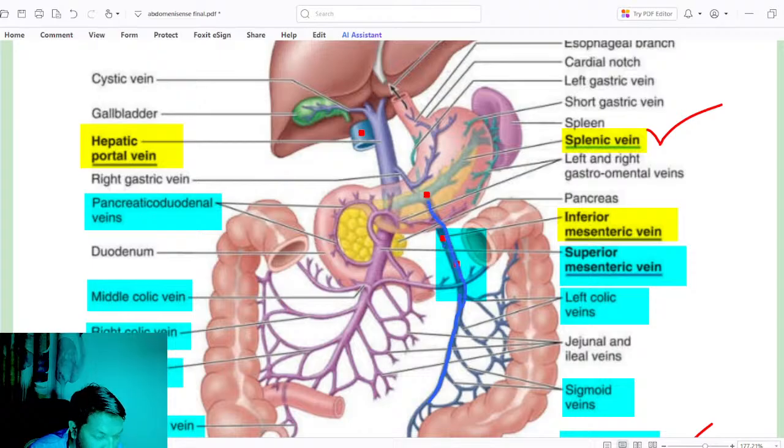The inferior mesenteric vein is draining into the splenic vein. Even after joining, before entering the superior mesenteric vein, this part is still the splenic vein. And from the inferior part, this is the superior mesenteric vein. When the splenic vein joins the superior mesenteric vein, its name becomes portal vein, and the portal vein enters the liver.